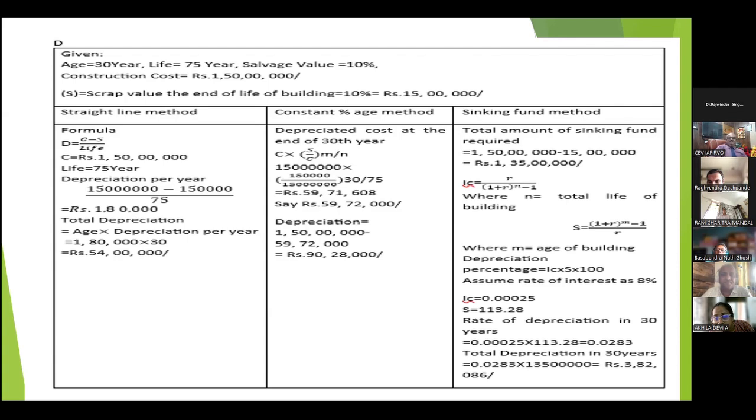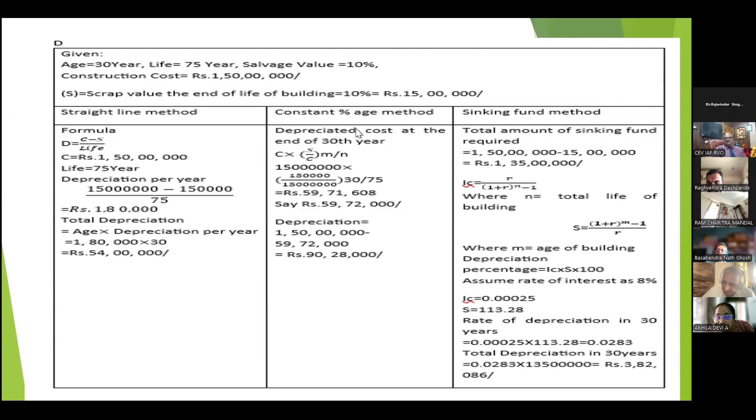Suppose the purpose of the valuation is banking, which method will you use? Or if the purpose is taxation, which method will you use? And suppose the purpose is sale and purchase, or finding out the net worth, then which method will you use?